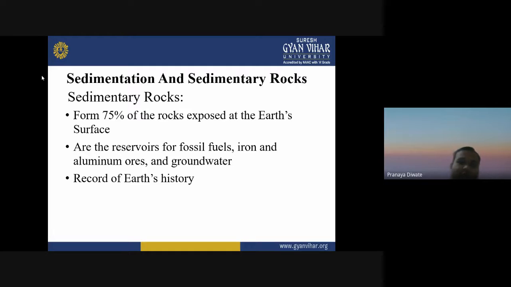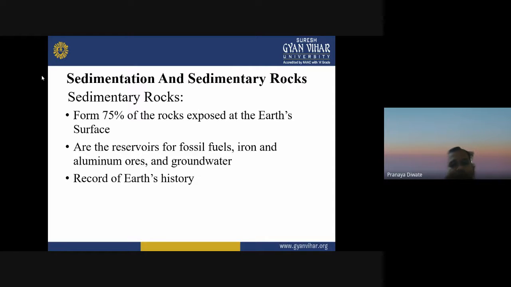What is the process behind the sedimentary rock? The sedimentary rock is formed by weathering, erosion, and transportation. This activity cannot happen or operate inside the crust.